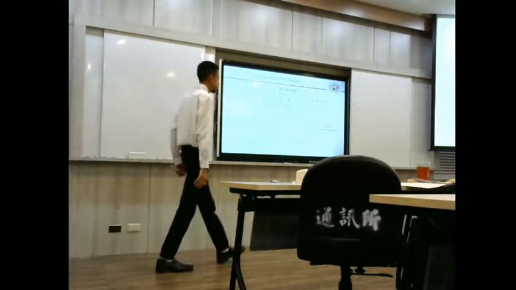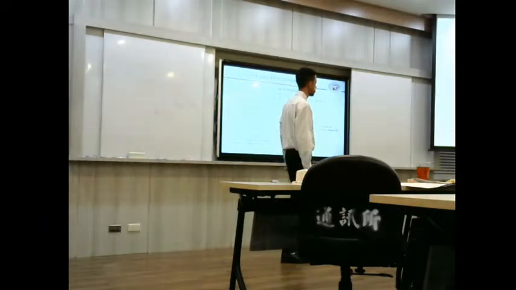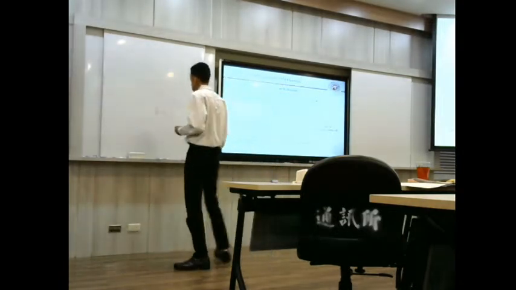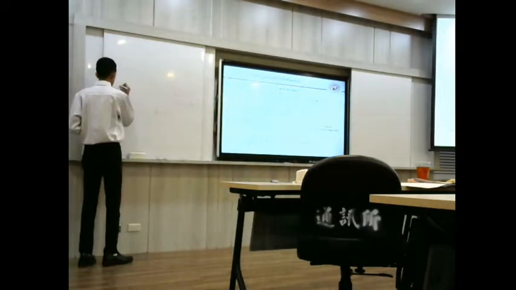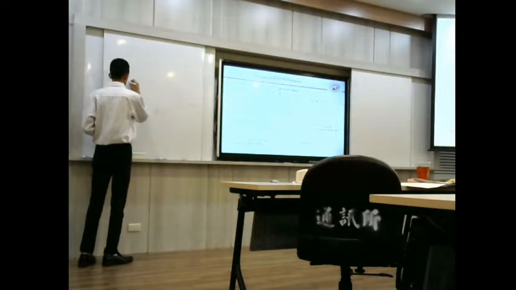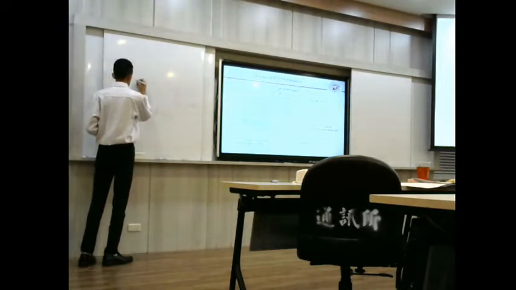So here is the way you determine which antenna to be activated, and for the bits, it's determined by what? As I mentioned before, the size of D is equal to Q, the size is 2.